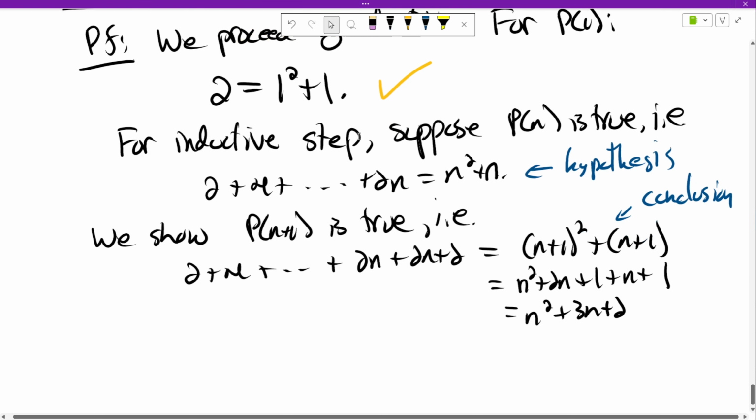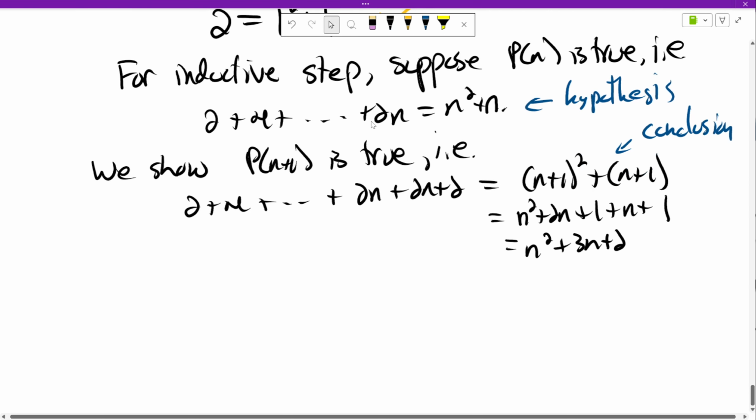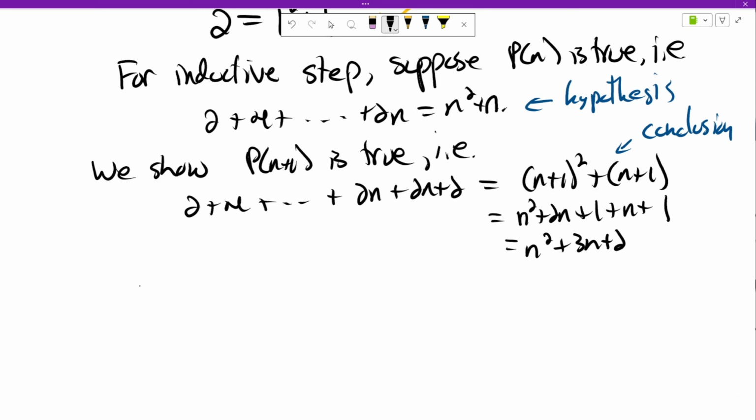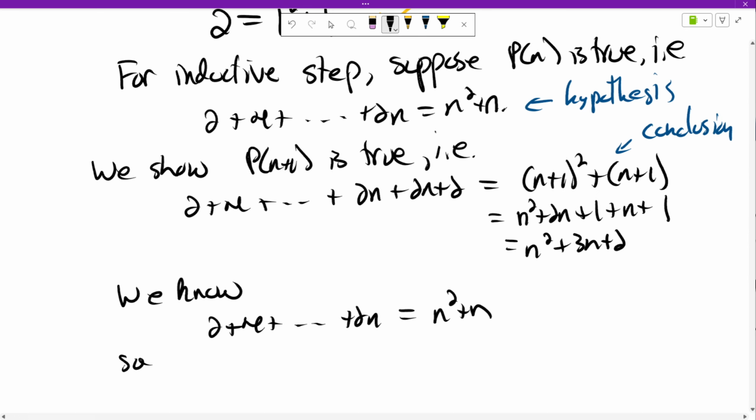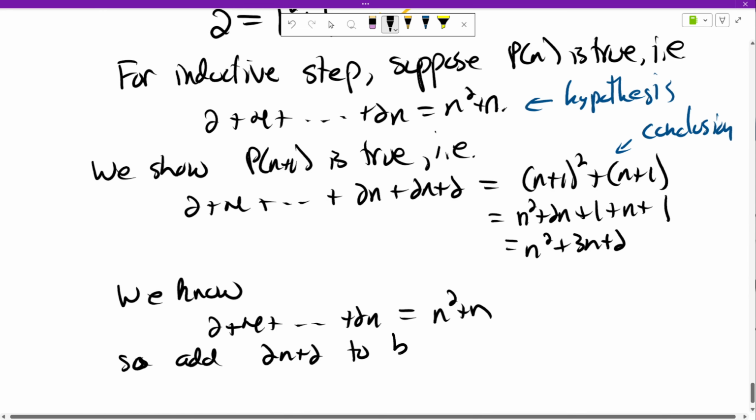So now it's going to proceed just like the Gaussian summation formula step. So we know that 2 plus 4 plus up to 2n. Well, let's not skip steps. So we're going to add 2n plus 2 to both sides.